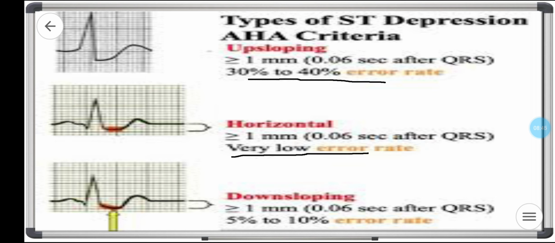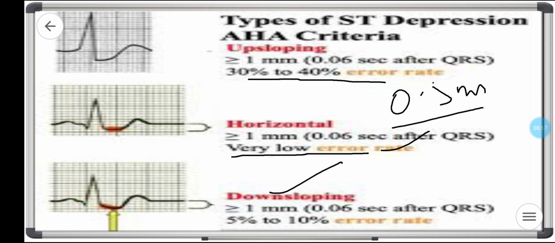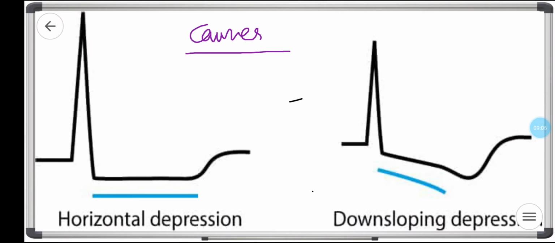The horizontal, the error rate is very low, and this is the downsloping, that comes after the horizontal. ST depression 0.5 mm, though 1 mm is written over here, but actually it's 0.5 mm in two contiguous leads.